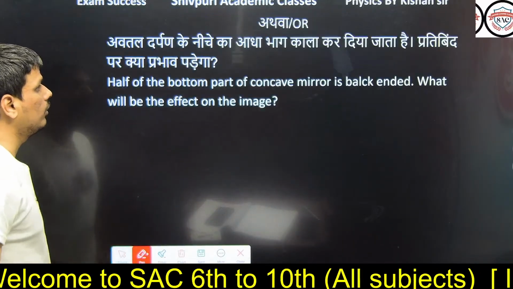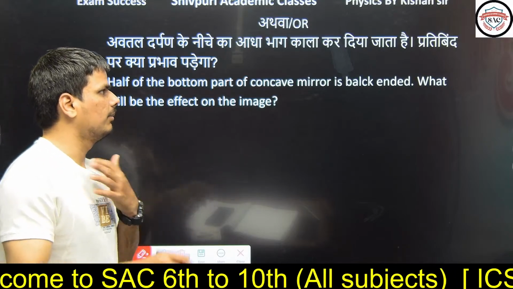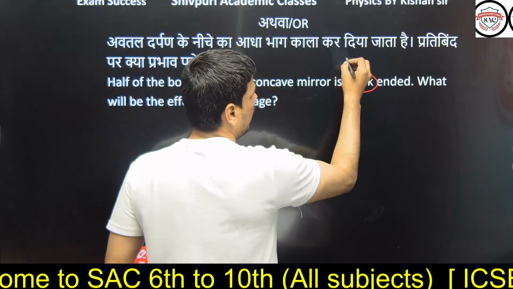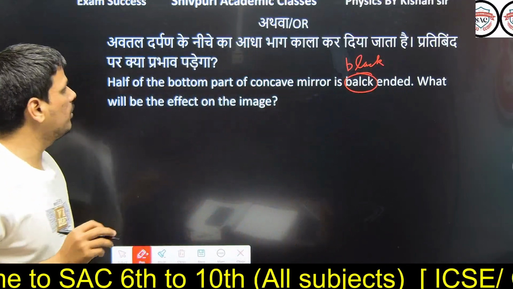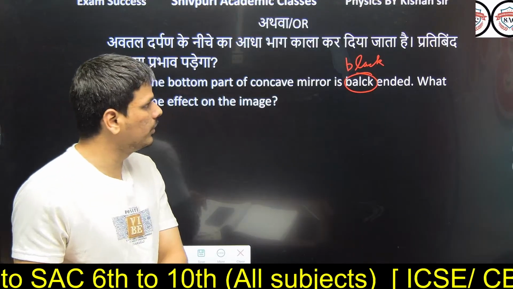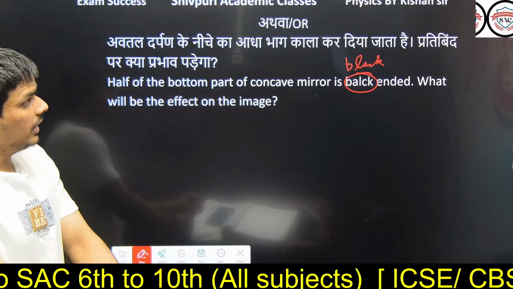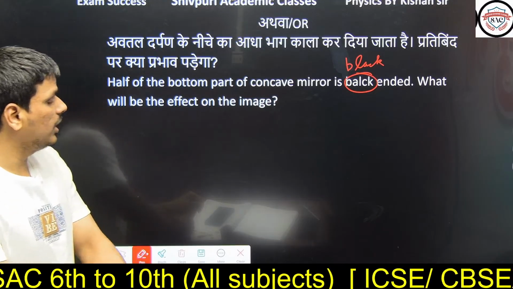Okay, now the next question is, the bottom half of a concave mirror is black. Sorry, this is black. What will be the effect on the image? This is a question from the 10th class. The bottom part of the concave mirror is blacked, and what will be the effect on the image?